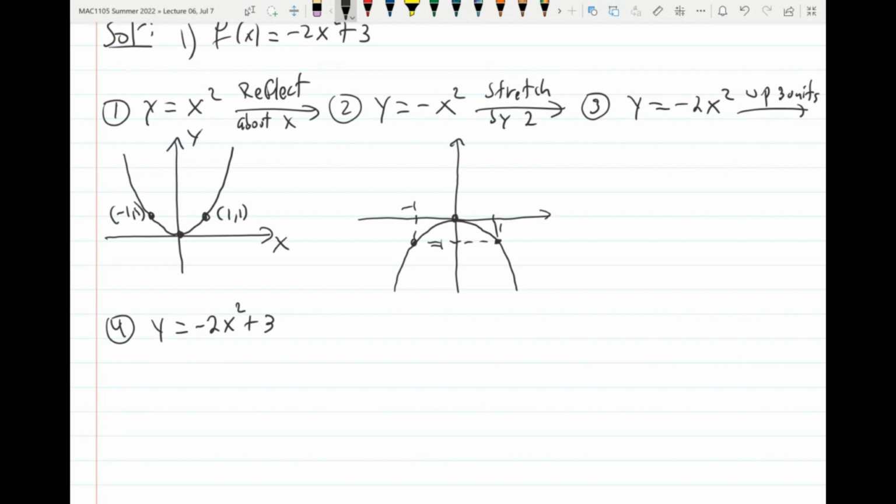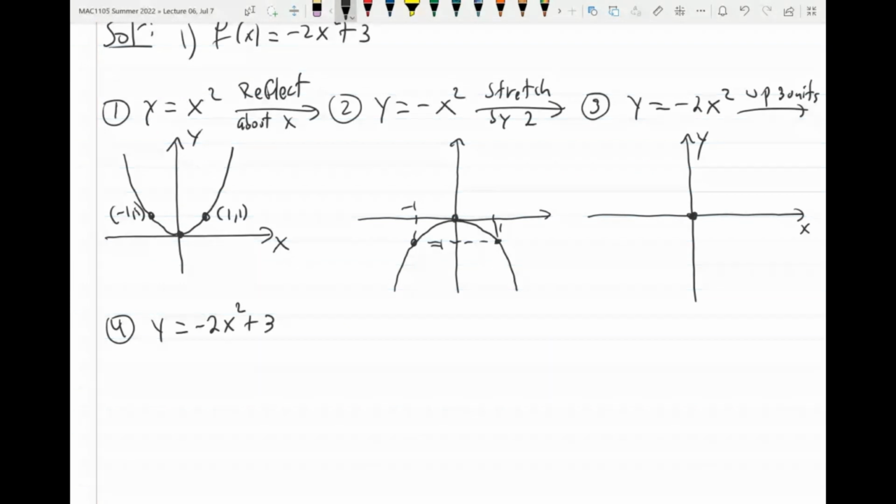Now we're going to stretch it. So we're going to pull this down by a factor of 2. So that just means take the y value multiplied by 2. Okay. That's all it means. So 0, 0 stays there because 0 times 2 is just 0. But now 1, -1: the 1 stays there, but the -1 you need to multiply by 2, so it goes down to -2. The -1 multiplied by 2 will give you -2.